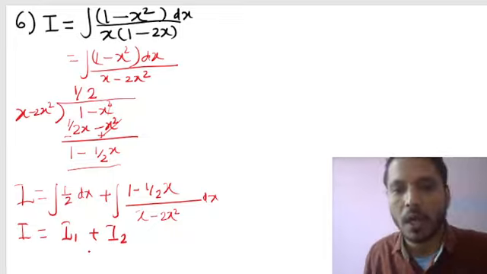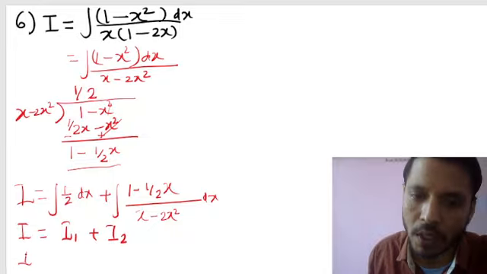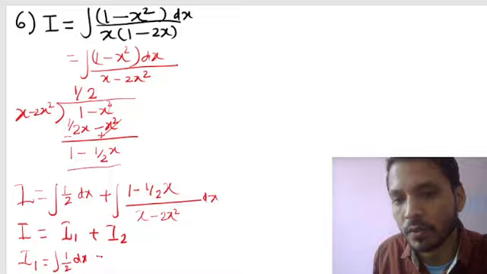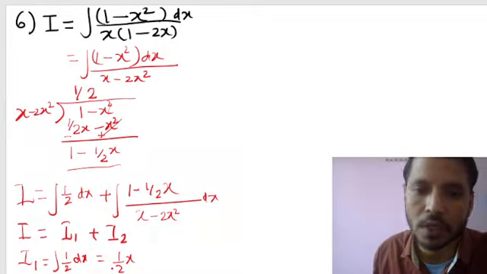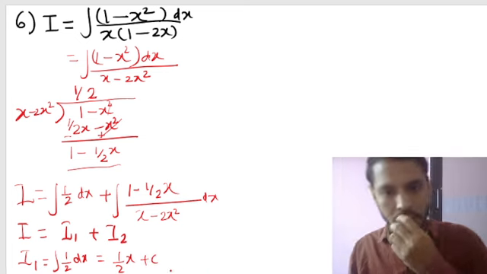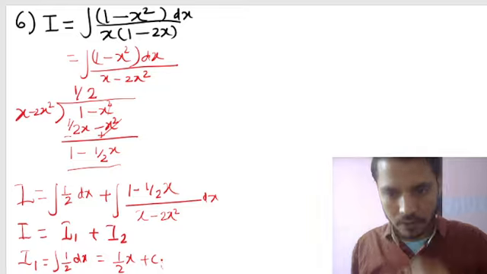Now the I1 answer is very simple; we can answer directly. I1 is equal to 1 by 2 dx, that means 1 by 2 will be outside and the integration of dx is x. So this is 1 by 2 x, plus c, or we can name it c1.